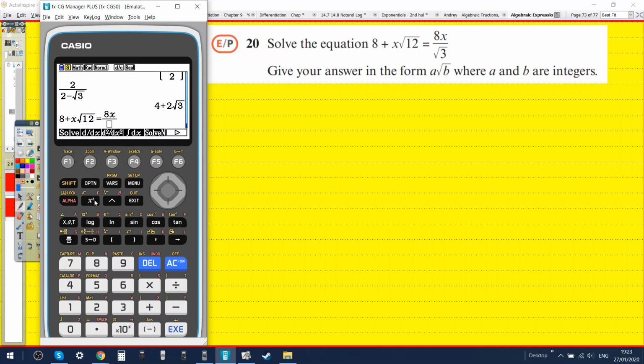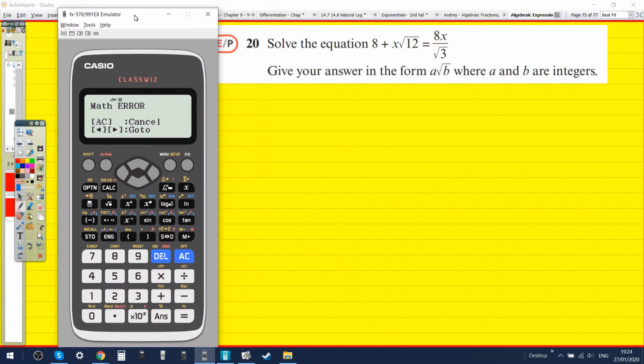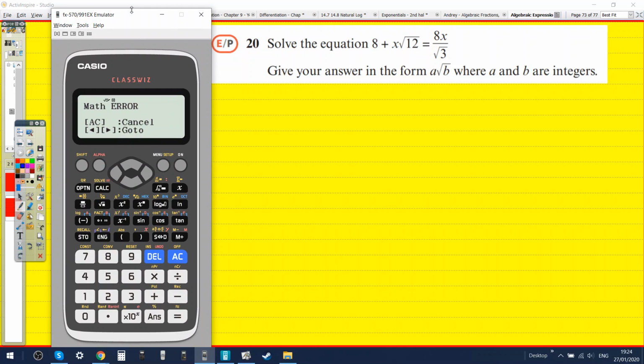Wait, so when it's x to the power of x root 12, does that mean x times root 12? Yeah. So does that mean that it will become 8 plus 12x to the power of a half on the left side? No, because of BIDMAS, the power of a half is connected only to the 12.